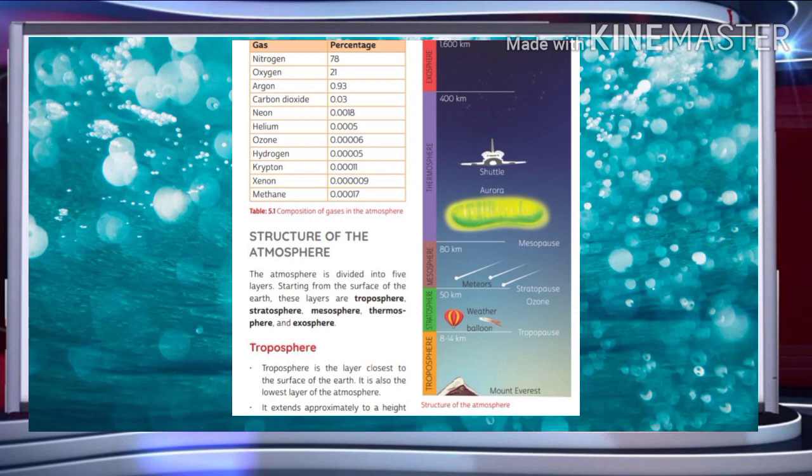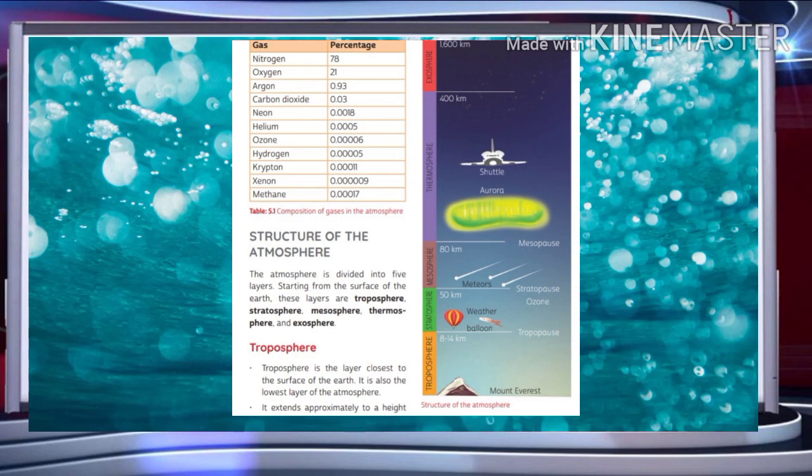In this layer, the temperature of air decreases with increase in height and reaches about minus 100 degrees Celsius at the height of 80 kilometers. It is the coldest layer of the atmosphere. When meteors enter the Earth's atmosphere, they get burnt in this layer because of low temperature.